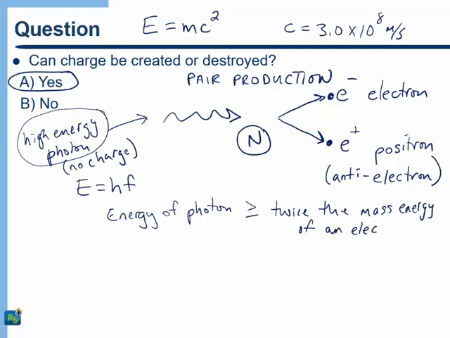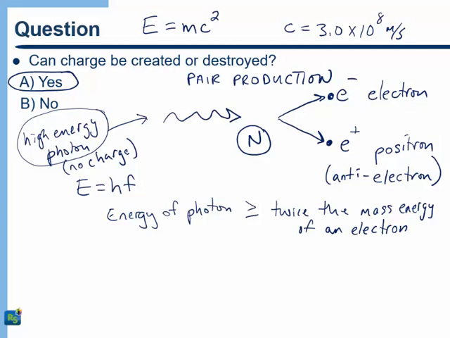In other words, the mass of a positron is the same as the mass of an electron. So we've got to come up with enough energy to be converted into those two masses, the electron and the positron. And so if the photon doesn't have enough energy to do that, we don't get pair production.